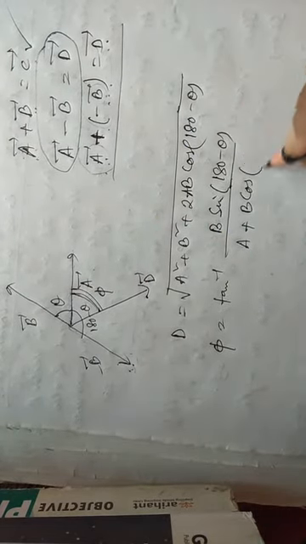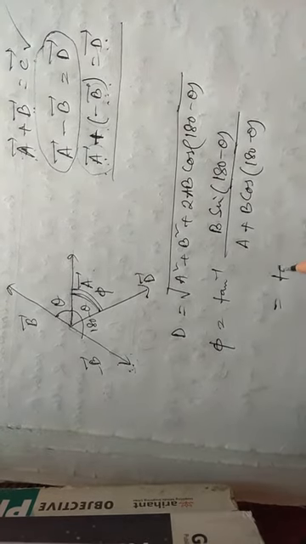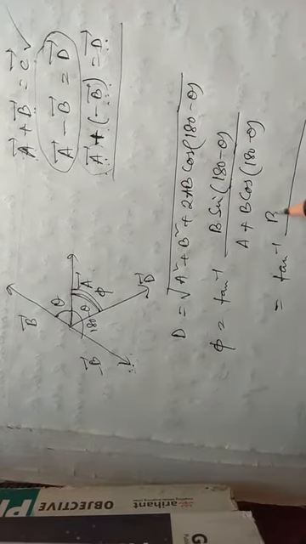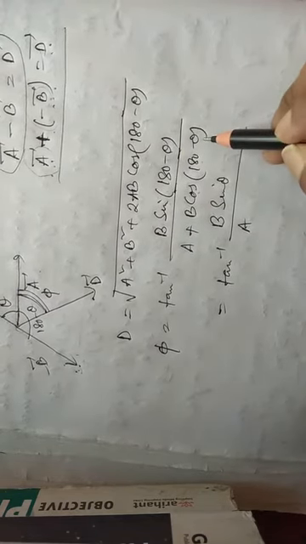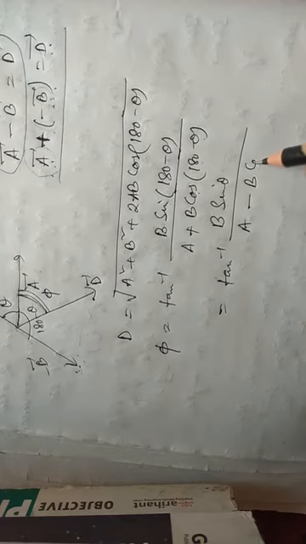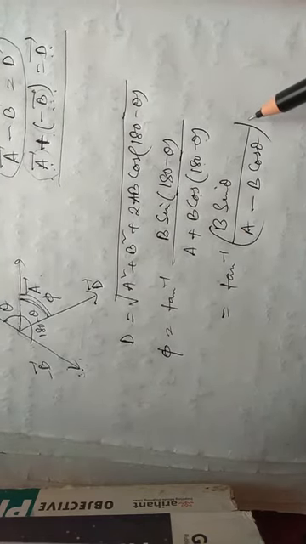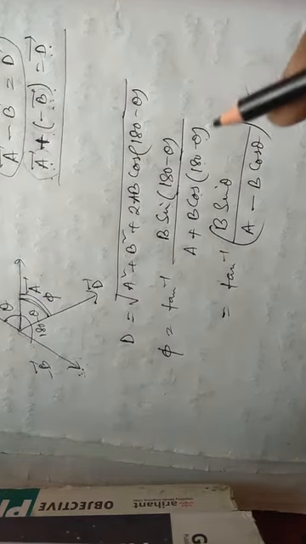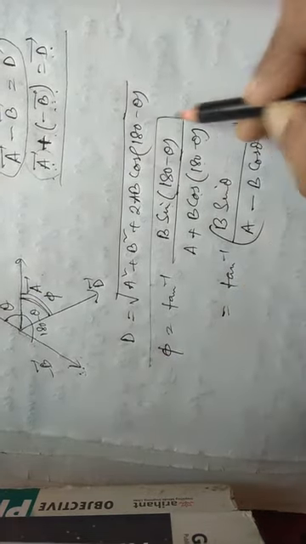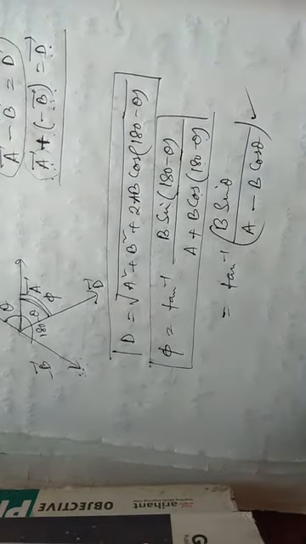So here we will also write 180 degree minus theta. Tan inverse of, now sine 180 minus theta means sine theta, and cos 180 minus theta means minus cos theta. Instead of writing this, we will try to remember this formula and this formula.